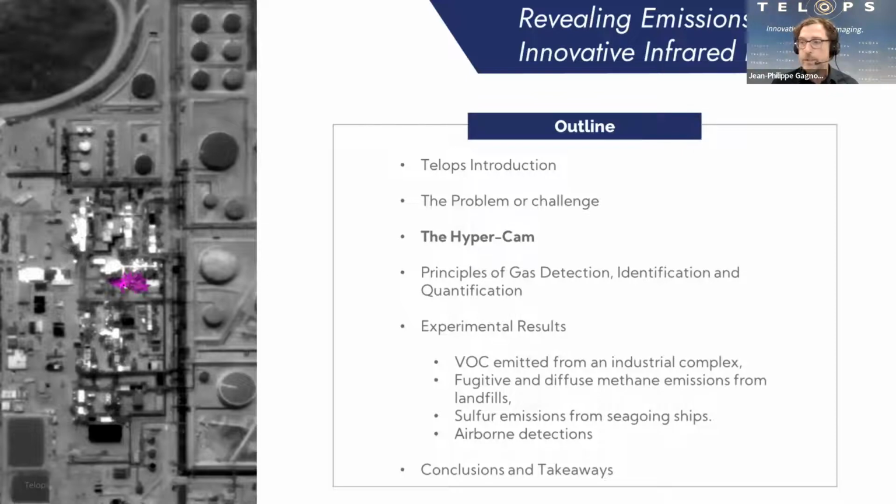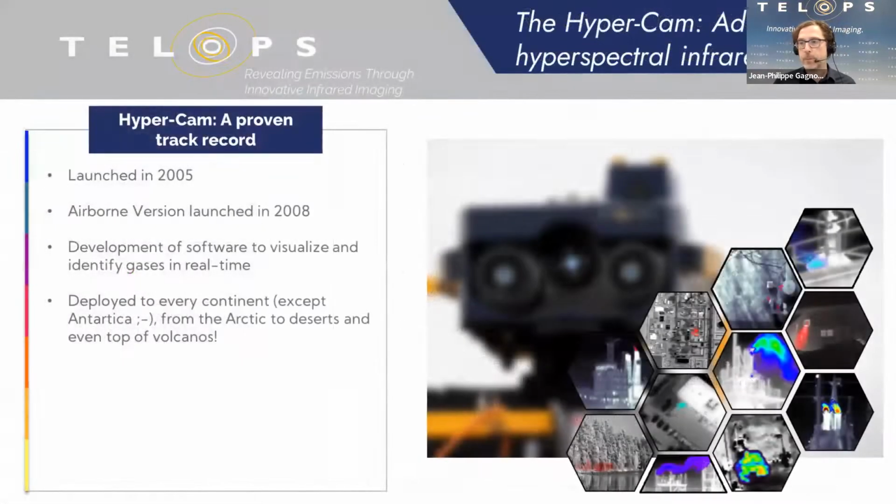All right, now let me present to you the Hypercam, our hyperspectral infrared camera that we're using here. You see an image here, and some images on the right-hand side that were acquired with the Hypercam throughout the years.